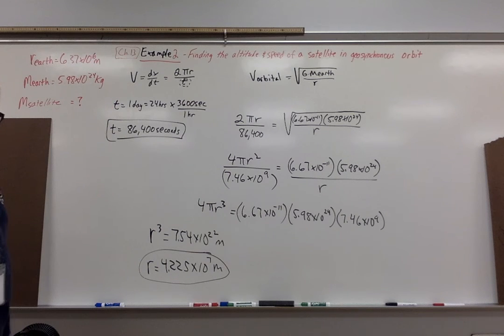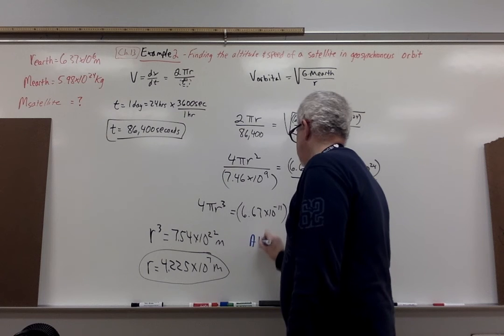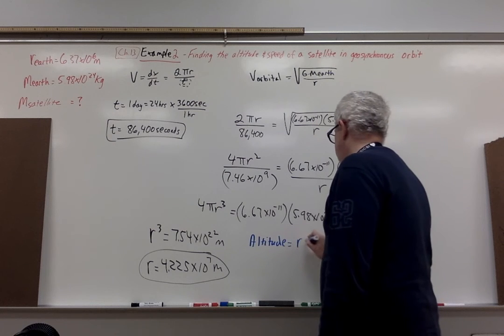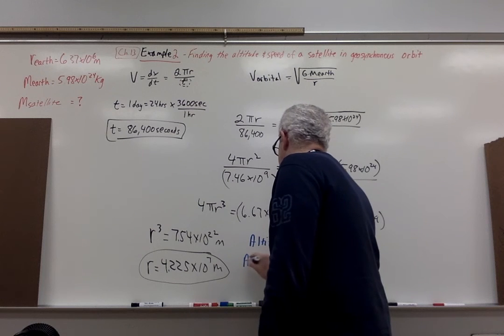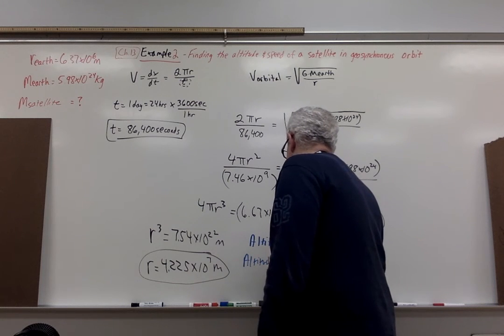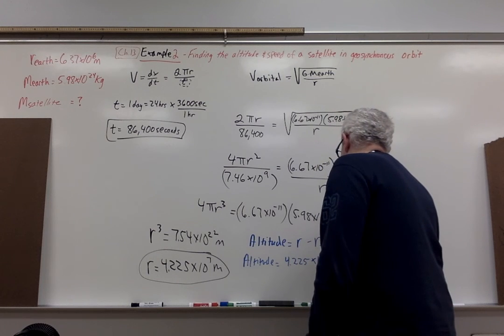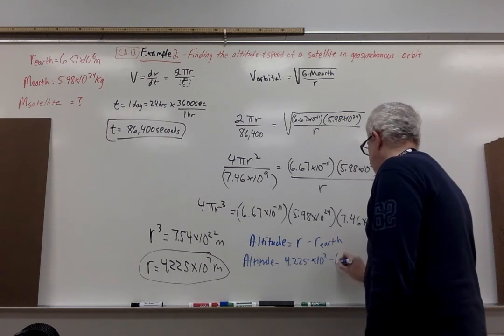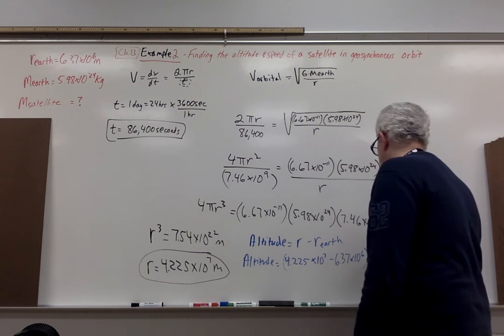This was asking about the altitude. So, to find the altitude, switching colors for dramatic effect, that's 4.225 times 10 to the 7th minus the radius of the Earth, 6.37, all in meters.